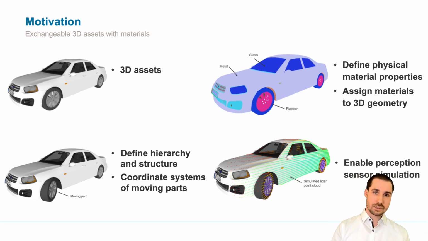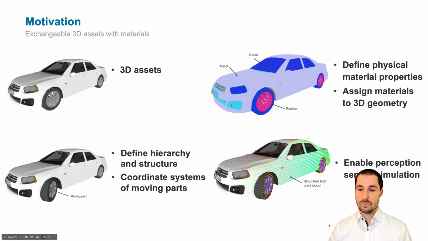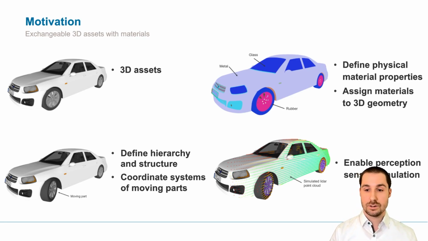We need coordinate systems that are clearly defined to achieve the end goal, which is to do physically accurate perception sensor simulation using all the other ASAM standards, and now with the missing link, OpenMATERIAL 3D, we can have the full package using ASAM standards.